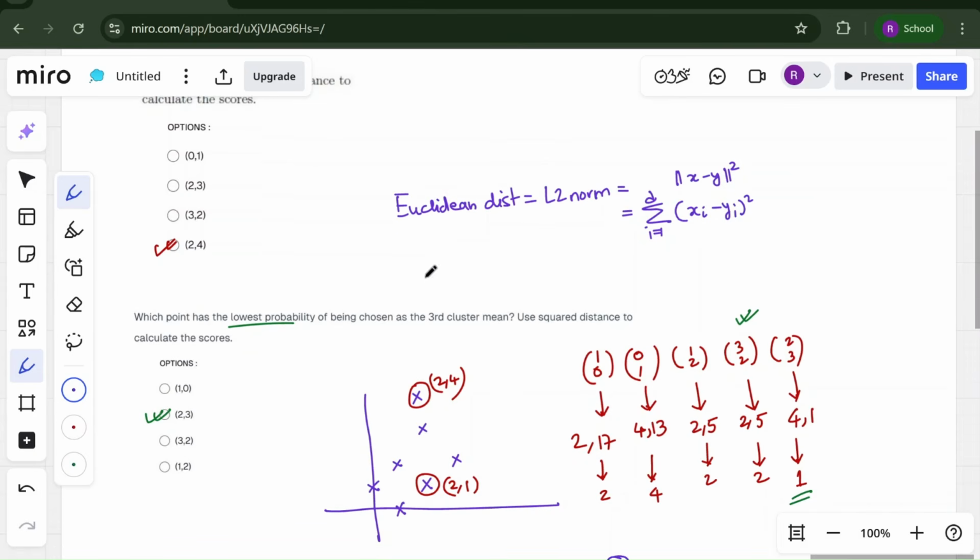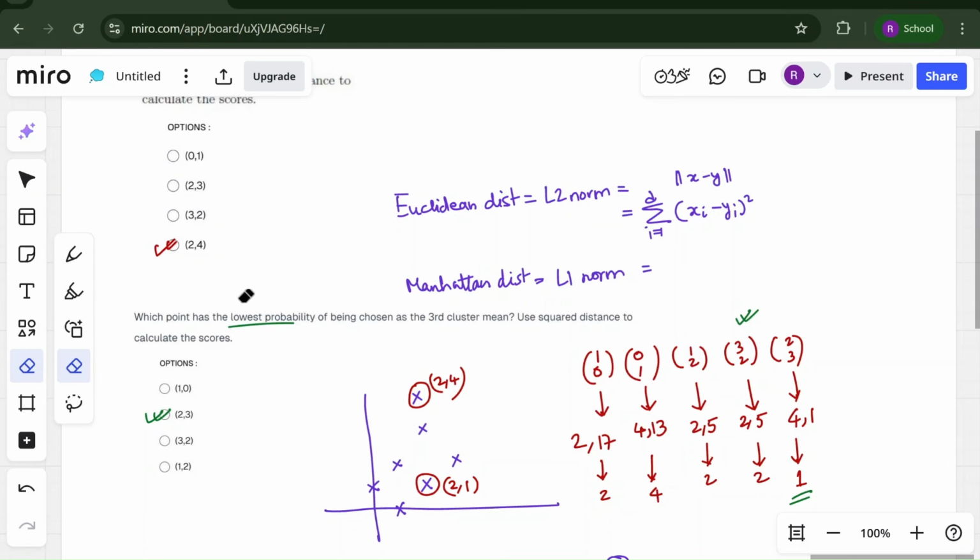Similarly, you have Manhattan distance, also known as L1 norm. Oh, sorry, my bad, I missed a square root. Square root is missing. So it is this, and it will be the square root of this.